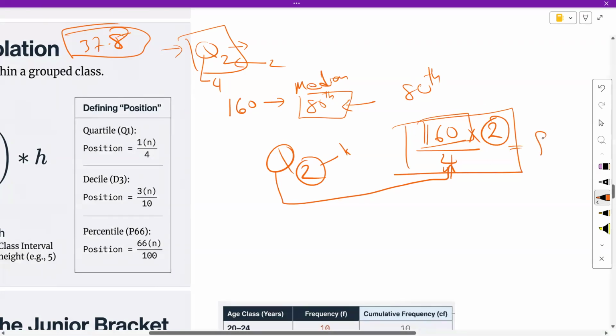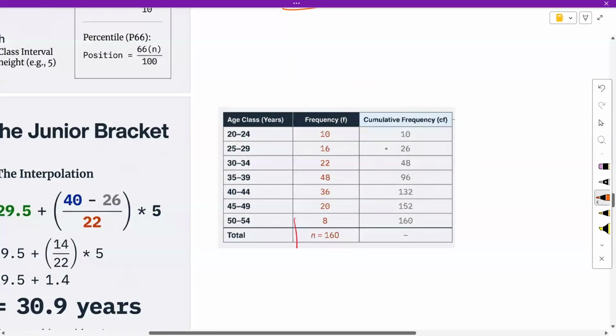Then it's equal to 80, so the 80th observation. When you look at here, the 80th person falls in which class? 35-39. This is called the median class, the target class.